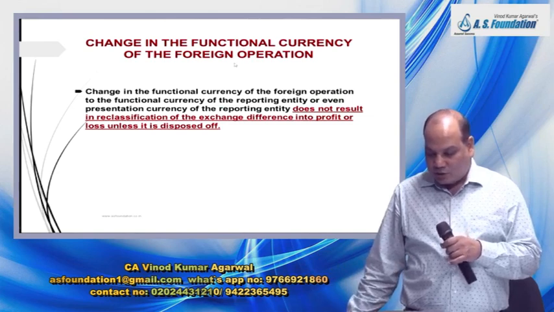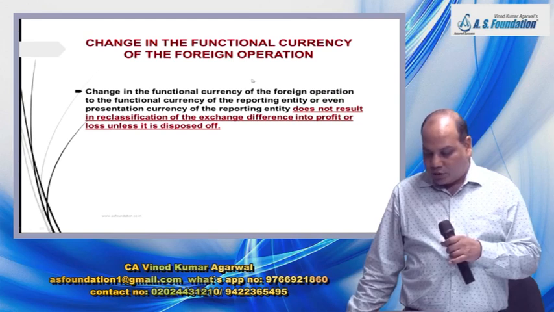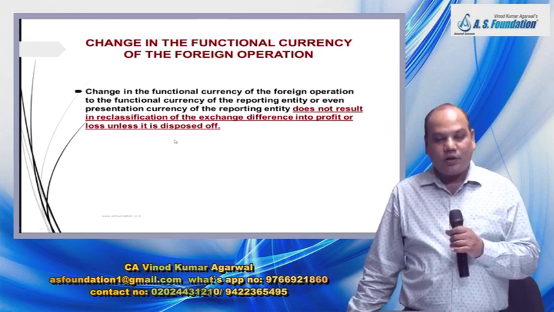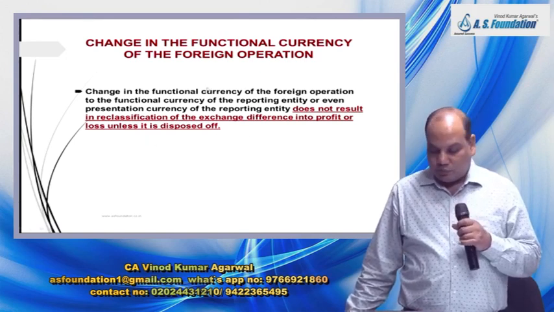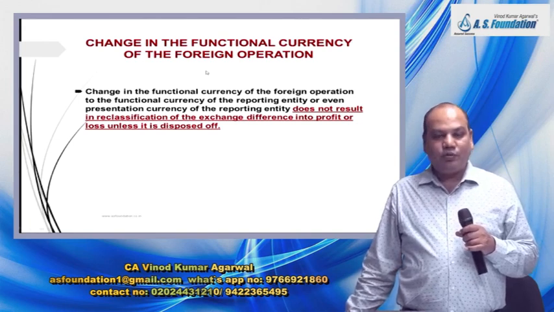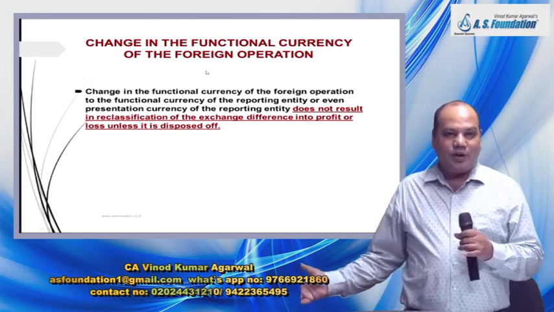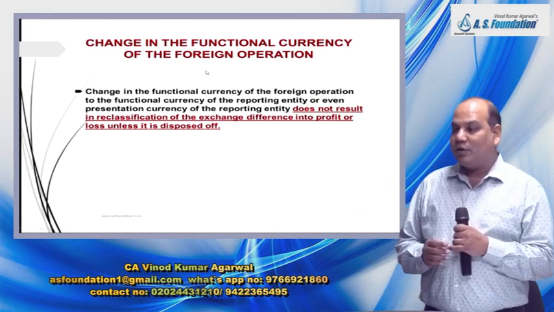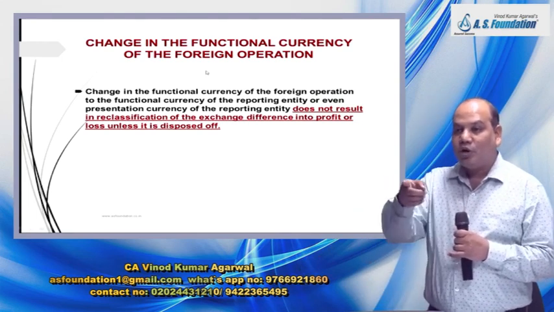And the next is again change in functional currency. Change in functional currency does not result in reclassification of exchange difference into profit and loss account unless the operation is disposed of. So if some management tries to transfer FCTR to P&L account so that profit can be improved, and they might change the functional currency, not allowed.